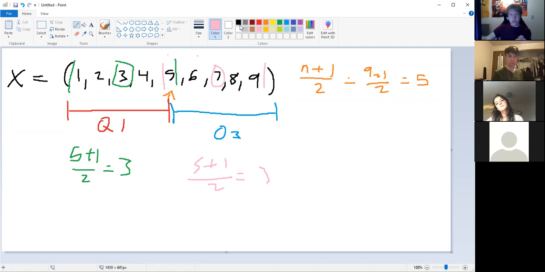And then the interquartile range is the range from that quartile to that quartile. In this case, that range is 4.